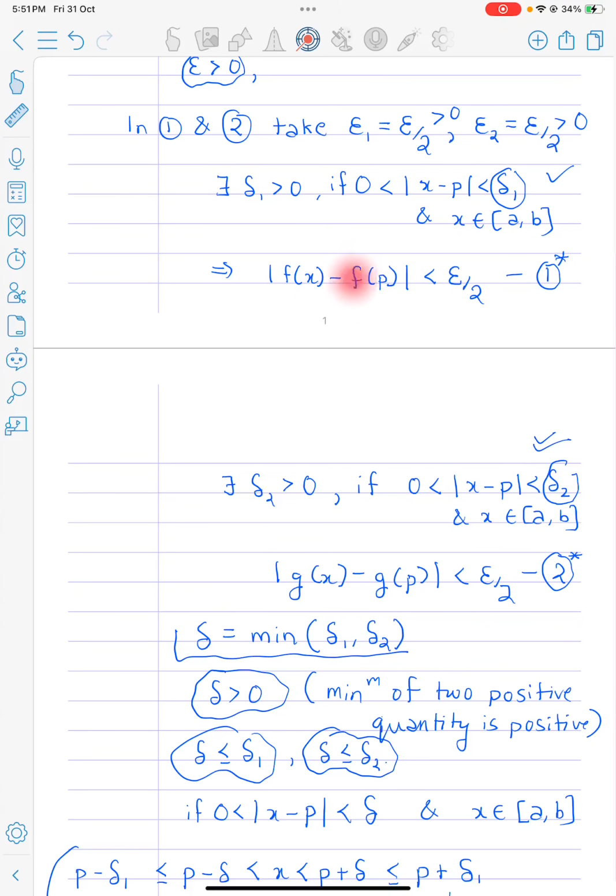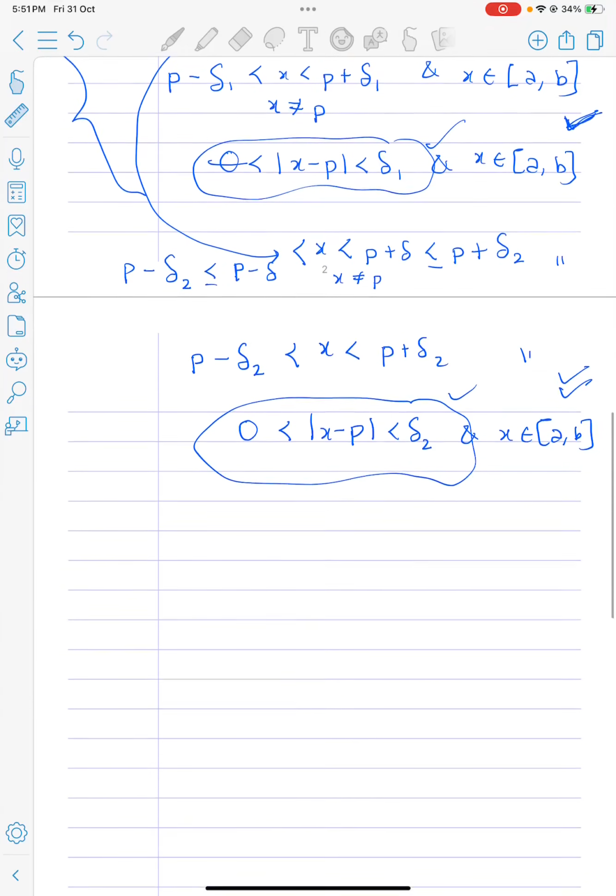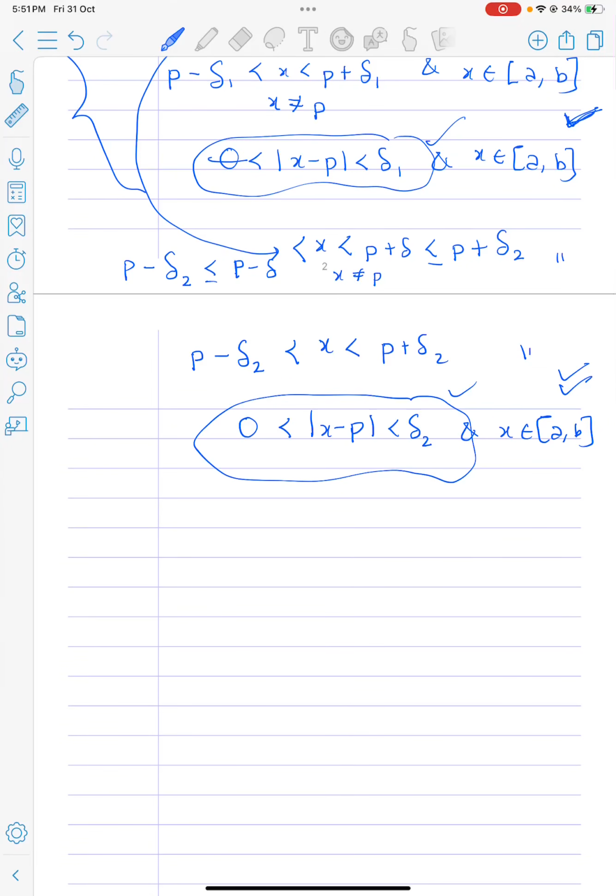So 1 star is true, and 2 star is also true. So now I will use that. I wanted to show this, right? Use the triangle inequality. So first club these two terms.